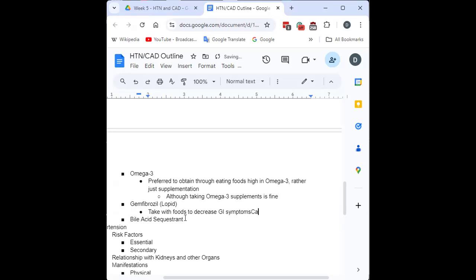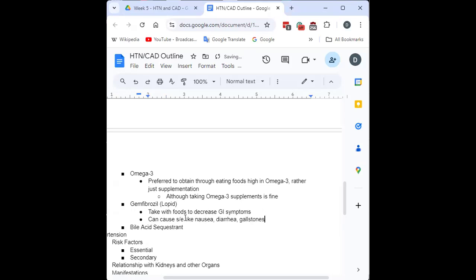It can cause side effects like nausea, diarrhea, and the one I see in a lot of questions, gallstones. The way I remember it is the word gem, kind of like a rock. So I think of gallstones going with gem. That's how I remember this med can cause it.